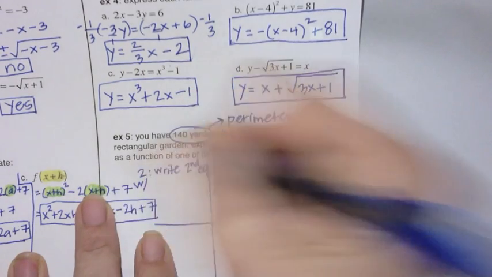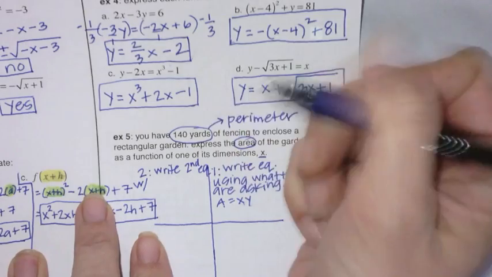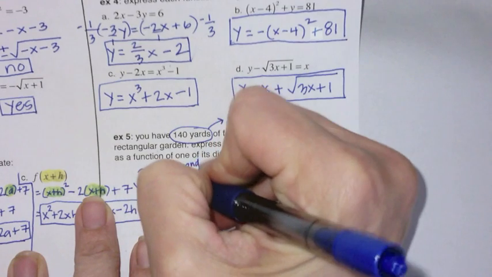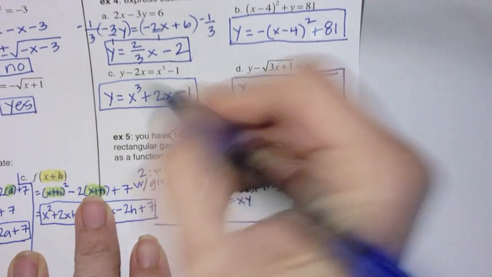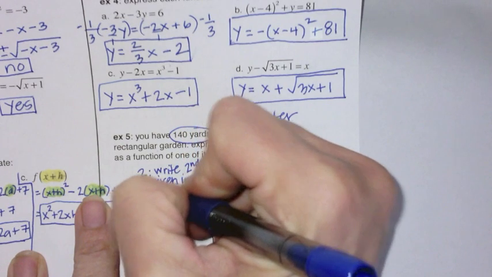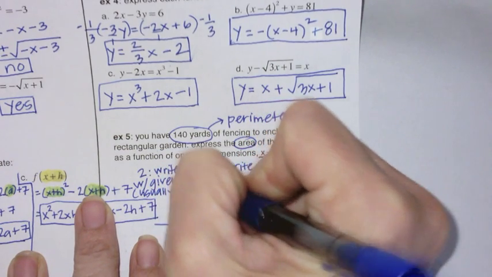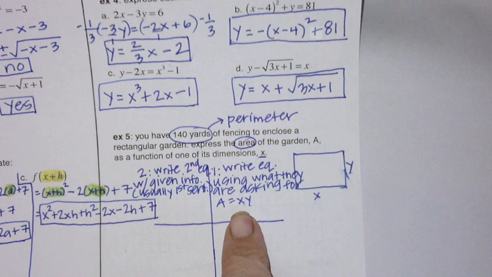Then we're going to write the second equation with the first sentence usually, but we'll call it the other given info. So like I said, that's usually the first sentence. We're asked to find the area as a function of one of its dimensions. That's just saying write the area in terms of x, and right now this is x and y, so it's not in terms of x.